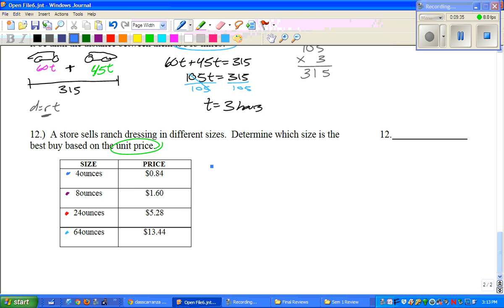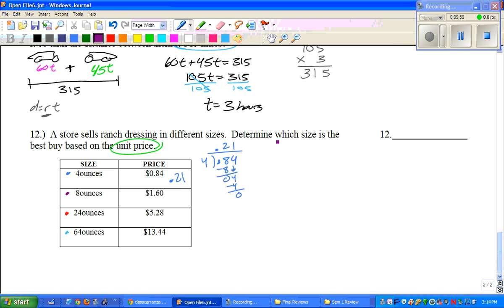So first one, we have to do 0.84 divided by 4. Bring that decimal up. 4 goes into 8 2 times. Bring down the 4, and 4 goes into 4 one time. So this is 21 cents.